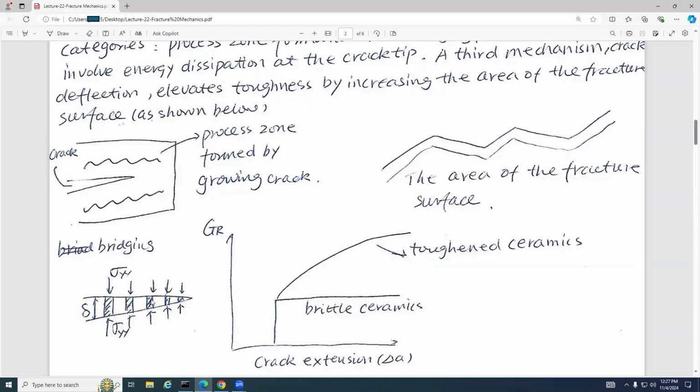This is the bridging. And if you break these fibers or whiskers first, you are going to consume more energy, as a result, you are toughening this ceramic material. Right? Questions so far?